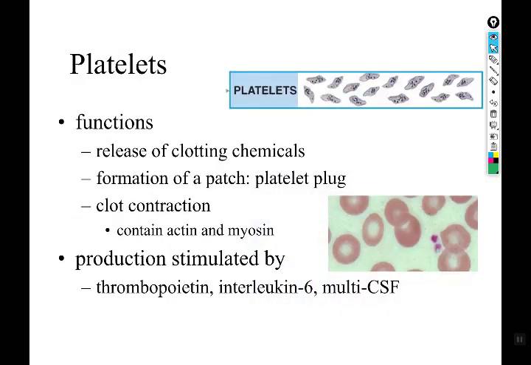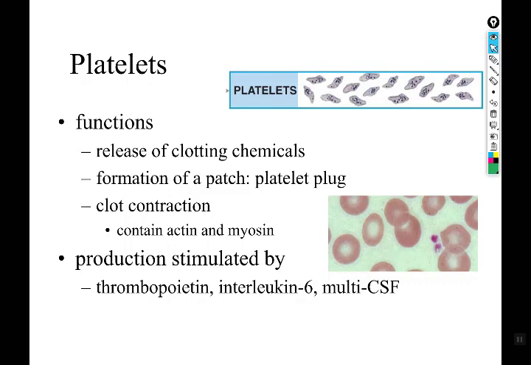So platelets do a bunch of things. One of those things is release clotting chemicals, so that triggers the conversion of fibrinogen into fibrin, for example, and other clotting factor changes. They also form the initial patch, so if there's a broken blood vessel, they're going to form a patch over the hole, and then that patch is going to initiate the clotting process.